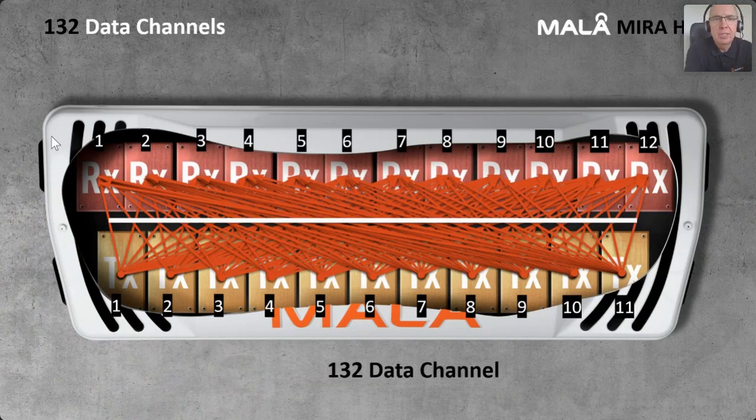Now, it's impossible for me to put all the data points across there, so I've just drawn a white line from left to right. There's so many of them, but this enables us to take all these 132 data channels just from those antennas that we have in the array right there.